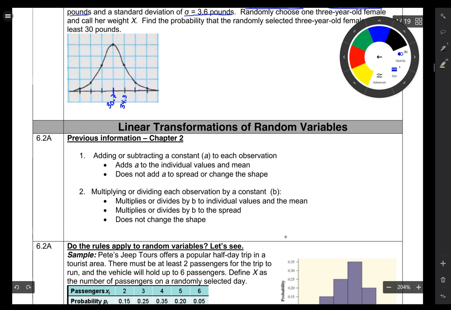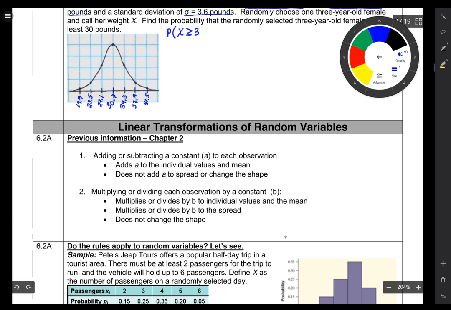Add 3.6 again, so 37.9, and then 41.5. On the other side you subtract, so you have 27.1, 23.5, and 19.9.